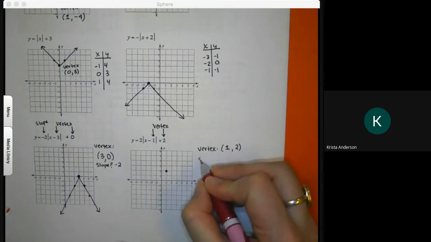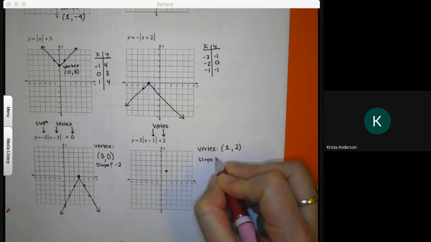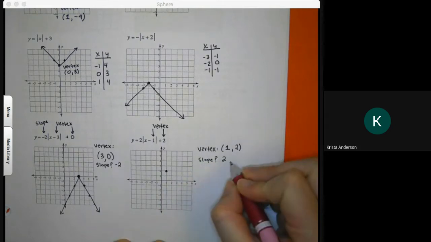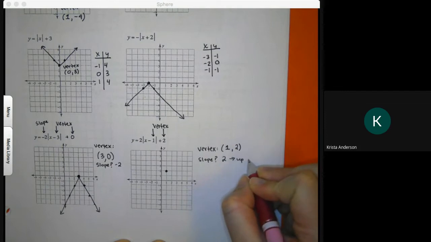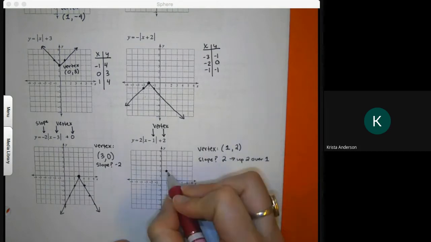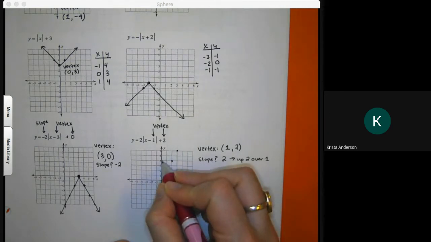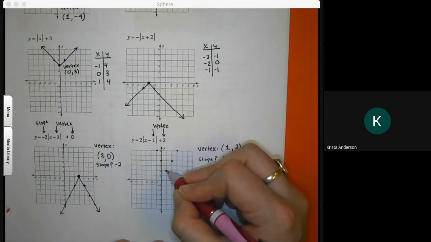Then I look at my slope. It says it's a +2, which means I would go up 2 over 1. And then I would fill in the left side to build my V.